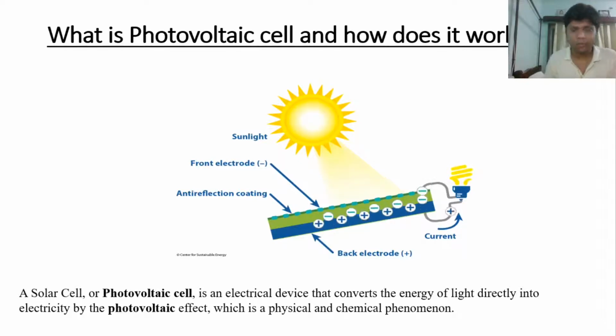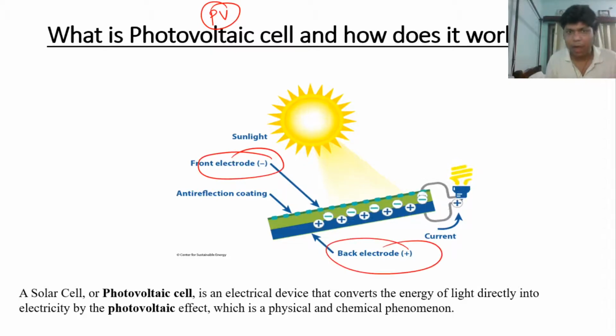Now let us try to understand what a photovoltaic cell, or PV cell, is and how it works. What happens in a solar panel is that when sunlight falls on the solar panel or PV cell, it creates heat energy, and due to that, the front electrode and back electrode combine with each other, with negative and positive ions combining. This creates a potential difference, and due to that potential difference, an electric current flows.